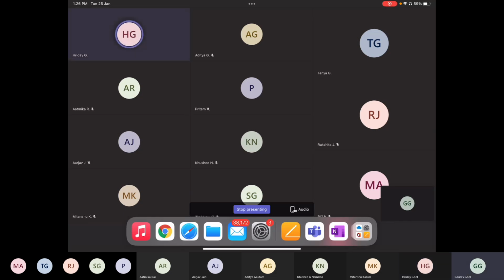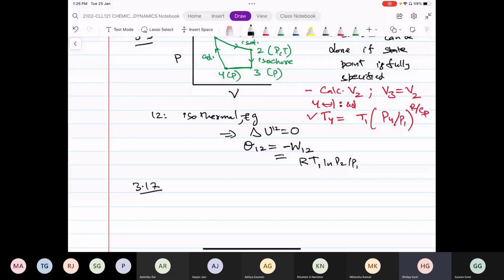That way, in the tutorial or discussion, I can understand what mistakes you are committing and what problems you face while attempting these problems. So, 3.17. Okay.